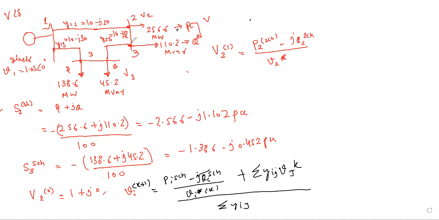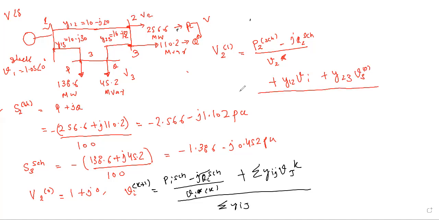So in case of this V2, I'll write V2 1 is equal to P2 scheduled minus jQ2 scheduled over V2 conjugate plus Y12, that is the admittance there, into V1 plus Y23 into V3, divided by the whole.